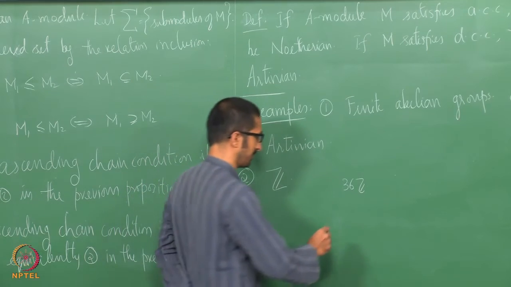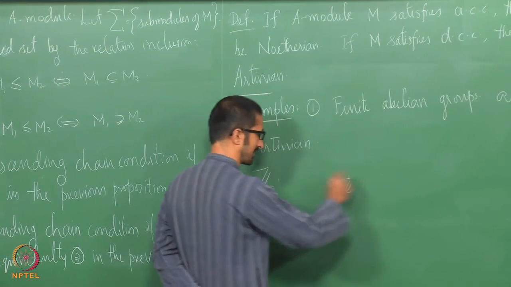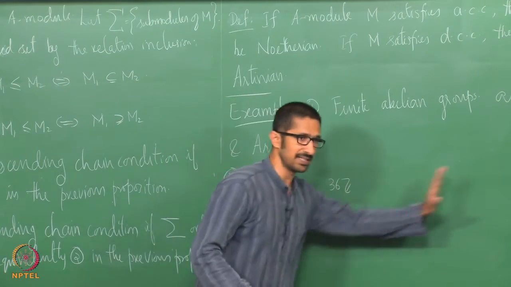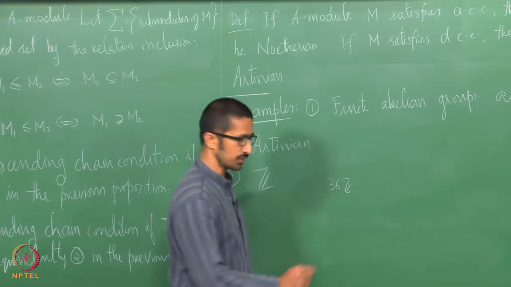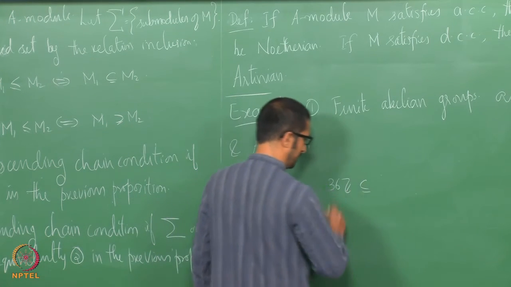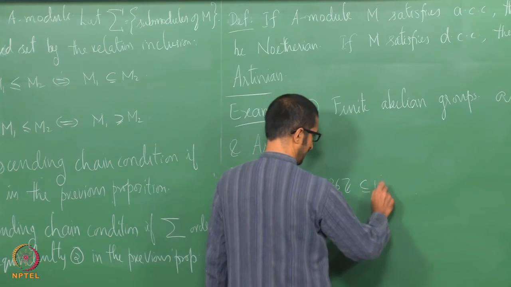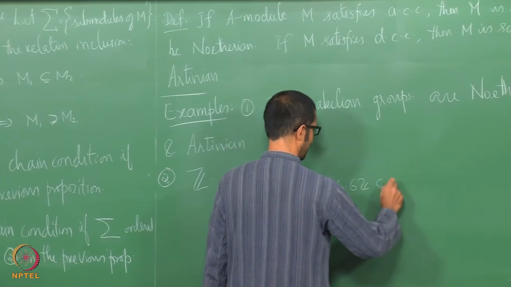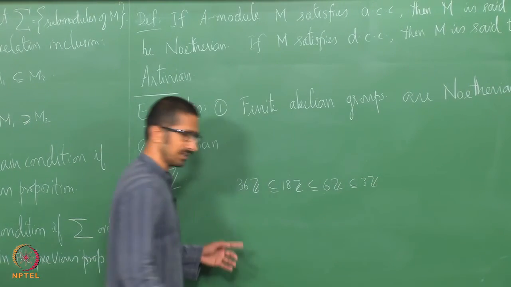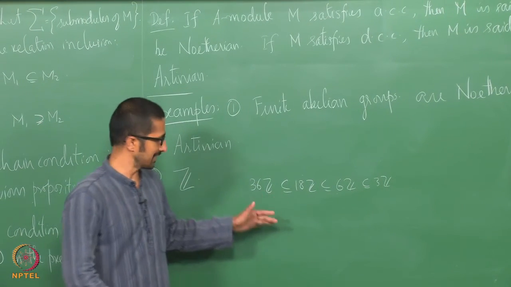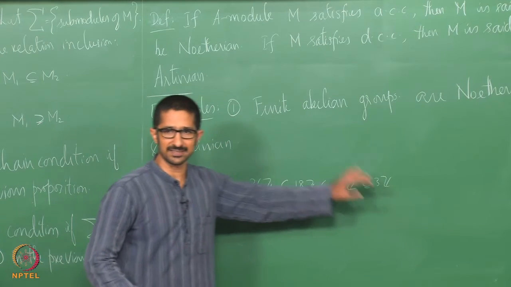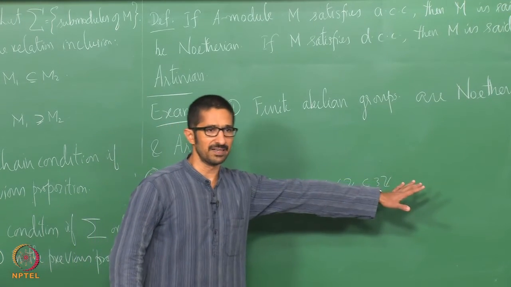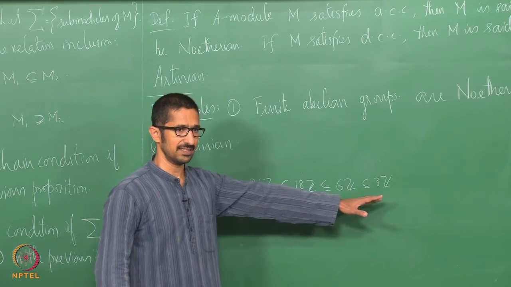Can you tell me ideals that contain it? We are looking at an ascending chain. Can you think of some? 18Z, 6Z, 3Z. However we take the factorization, if you take a chain like this, it will terminate, right.